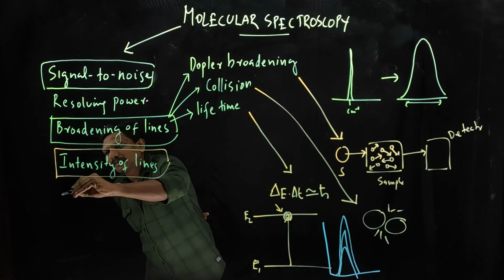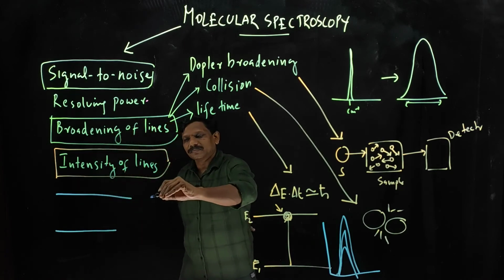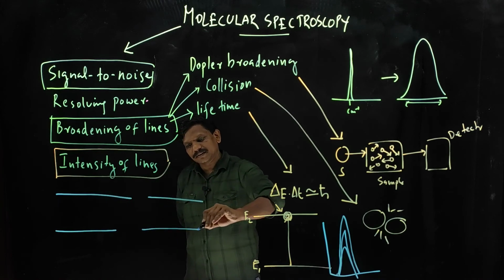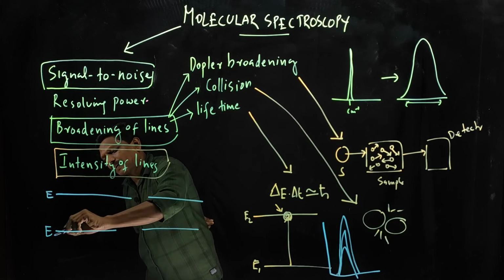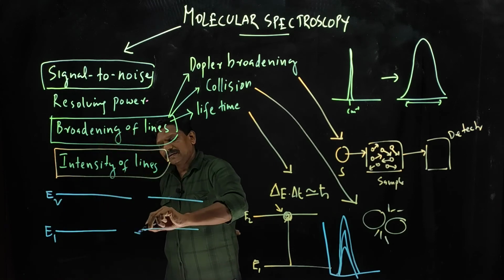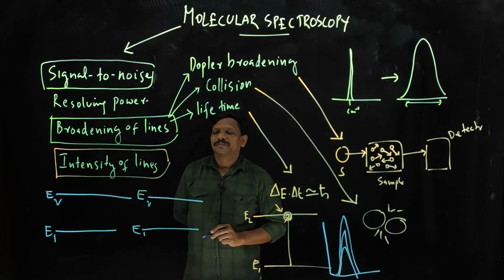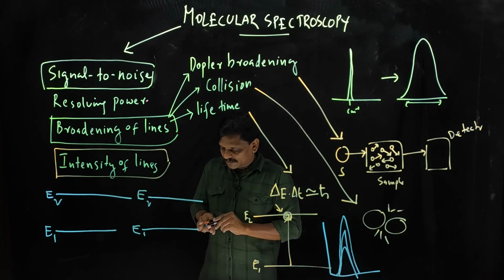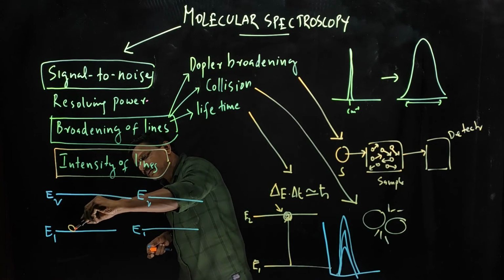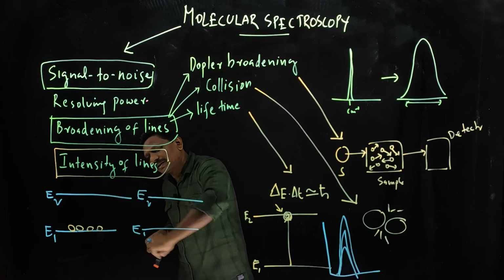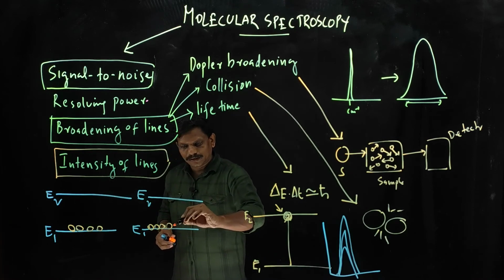So what decides this factor? I am drawing two energy levels, same type of energy levels. This is your E1, E2, and this is also your E1 and E2. E1 is your ground level, and here some molecules are residing, because you know that normally molecules will be in the ground level.